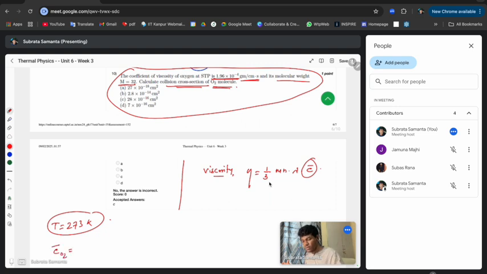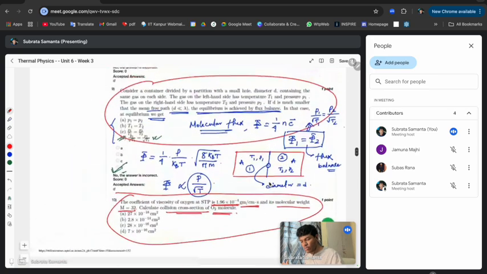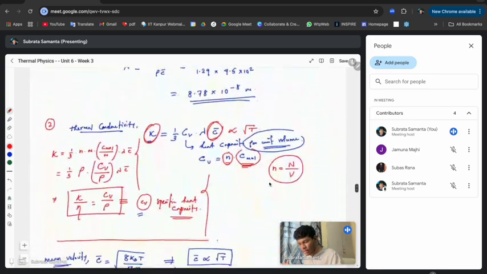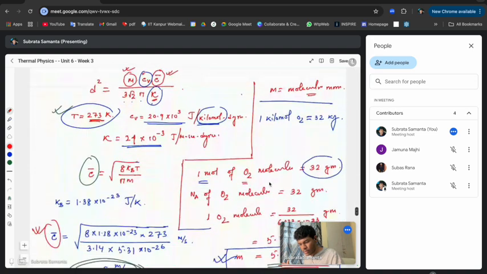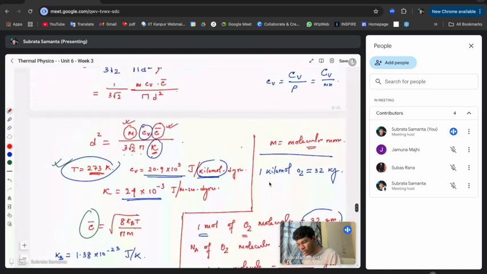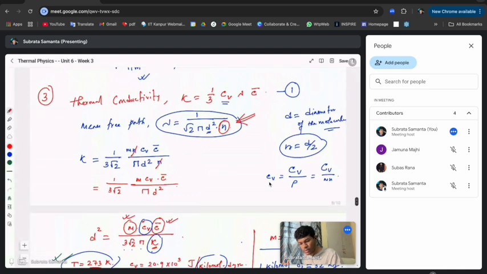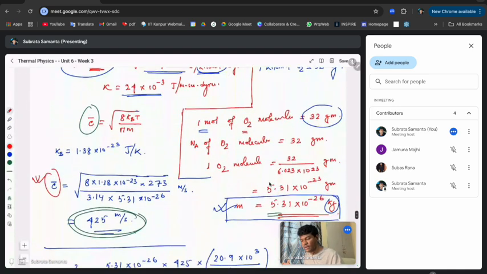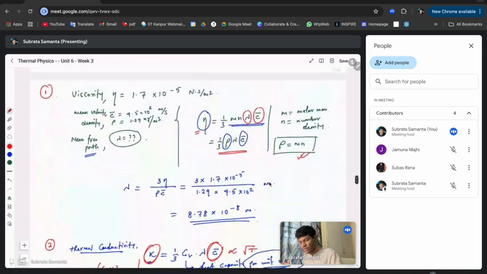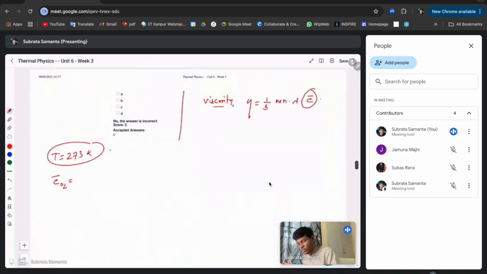What is the c average of O2 at 273 Kelvin? I already calculated it many times. In this case the c average is 425 meter per second at 273 Kelvin. So I use 425 meter per second.